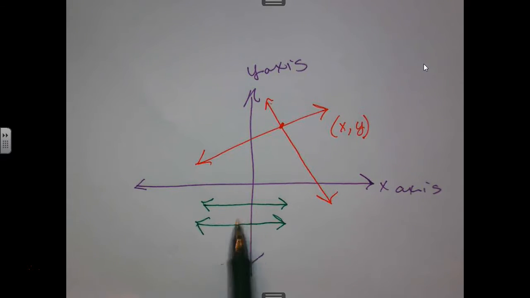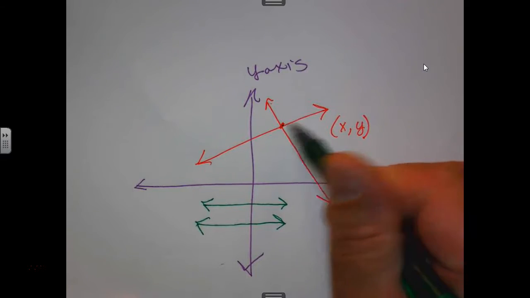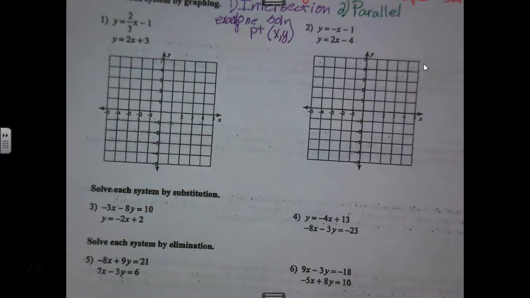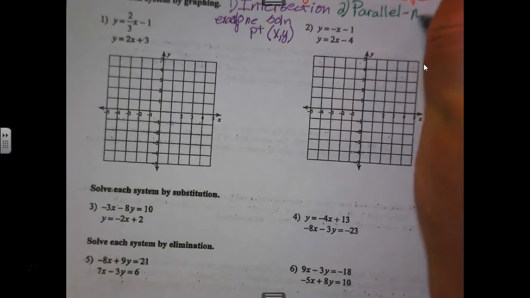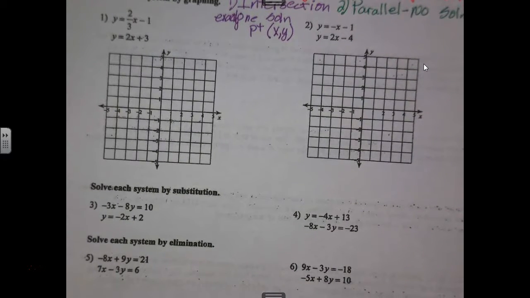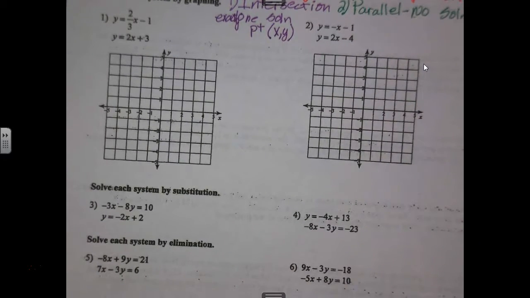For this one, I know that this point works in both of these lines as a solution. What about these two? What point is going to work? Zero. There is no solution for parallel lines. When you get parallel lines, you must state no solution.